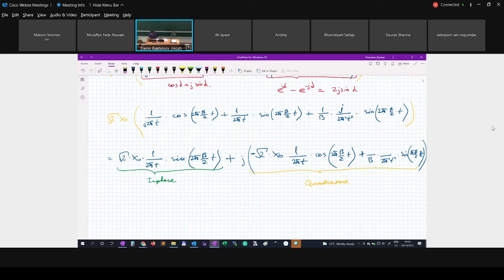So let me rewrite. I have to write it as square root of 2 times x0 times t times 2 pi squared t squared.